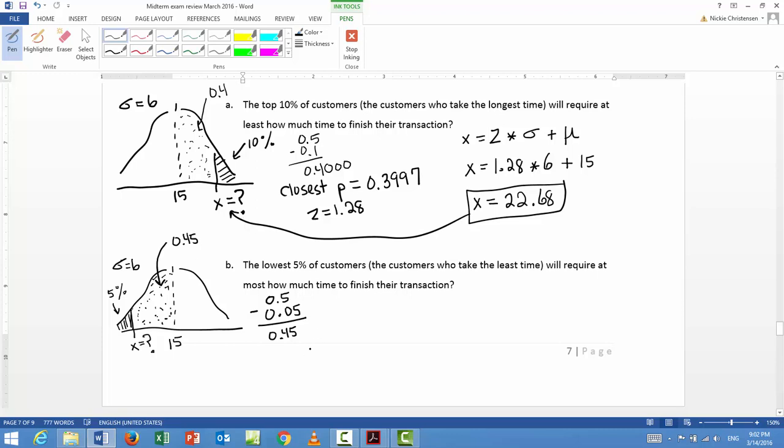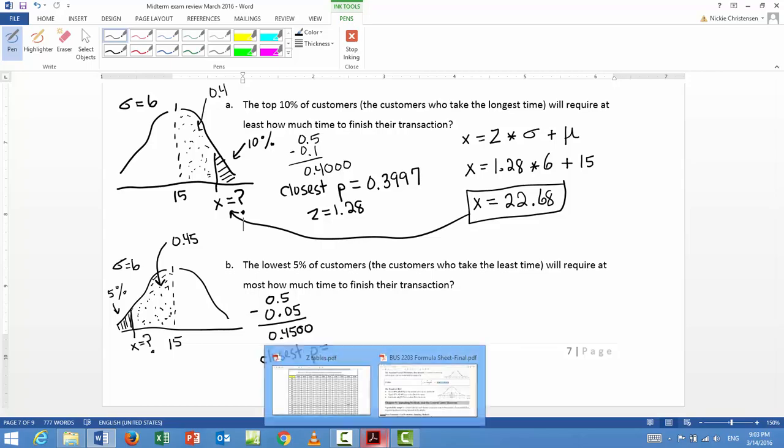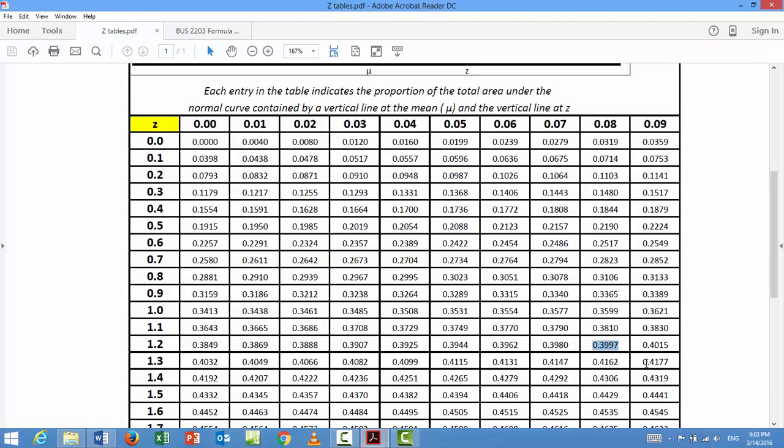That's the first step. Now the second step, we need to look in the z-table and find the closest p-value to 0.45. Let me add the zeros to the end. 0.4500. Okay, good.